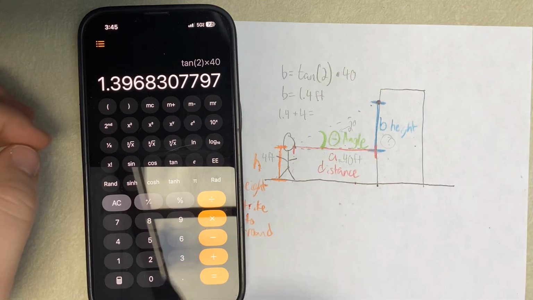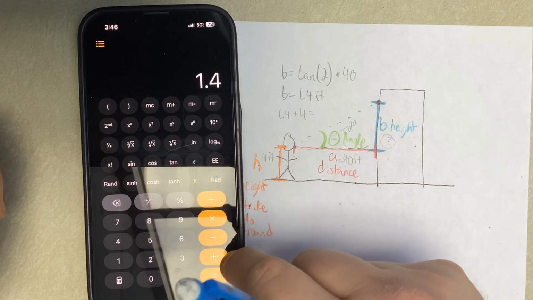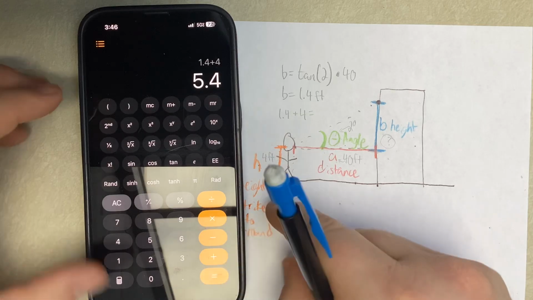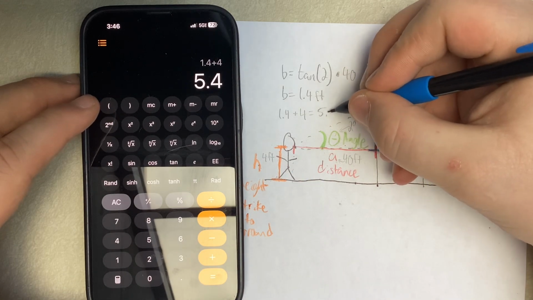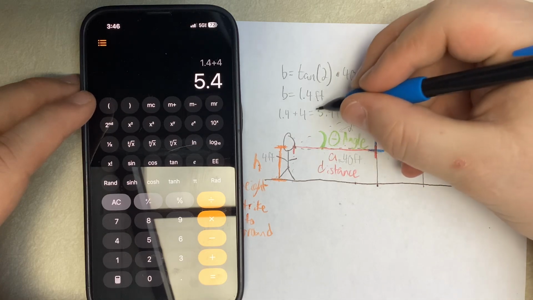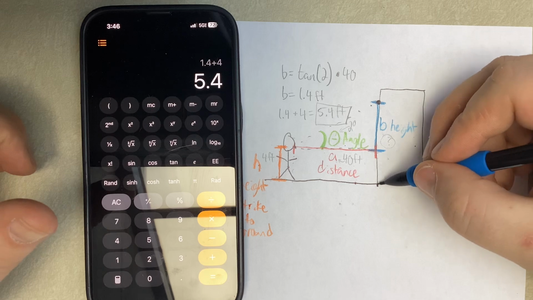Probably do this without a calculator, but for the sake of consistency, let's do 1.4 plus 4 additional feet. That's going to give me a calculation of 5.4 feet from where the shot was taken down to the ground.